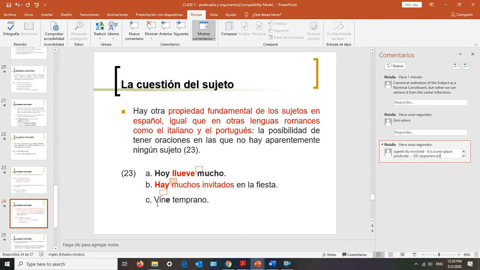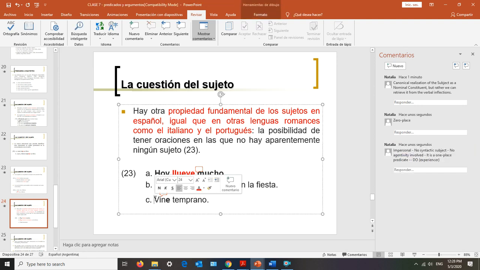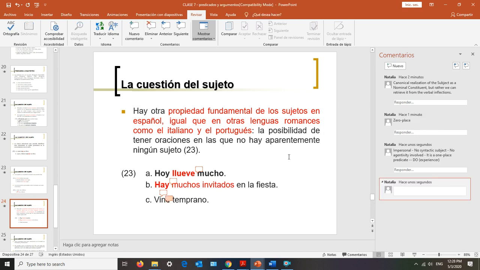And in this case, we have a sentence that does select for an argument which is agentive, right? Different from haber, but it is not canonically here.